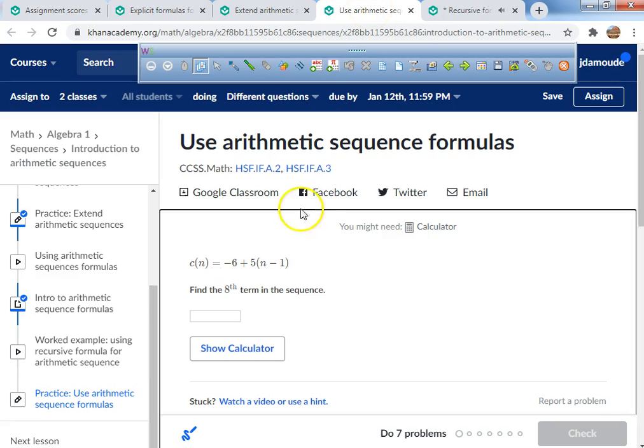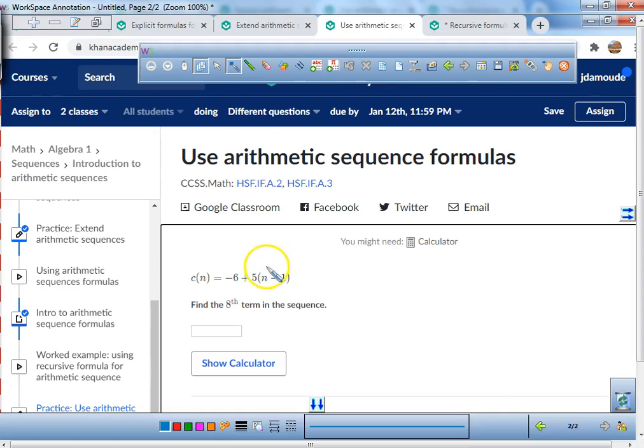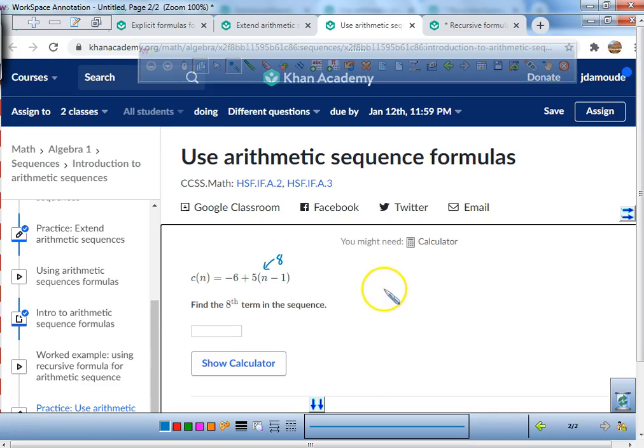Okay, this one is quite easy. It says find the 8th term. So literally all you've got to do is plug in the number 8. So what would c of 8 equal? It's negative 6 plus 5 times 8 minus 1.